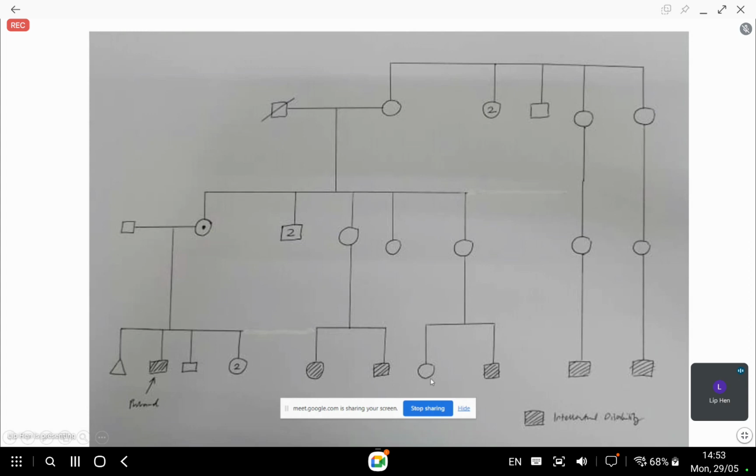When they're planning for their family, it's important to do genetic counseling and also testing of their Fragile X status after counseling, to know whether they have a risk of passing on the faulty gene to their next generation.